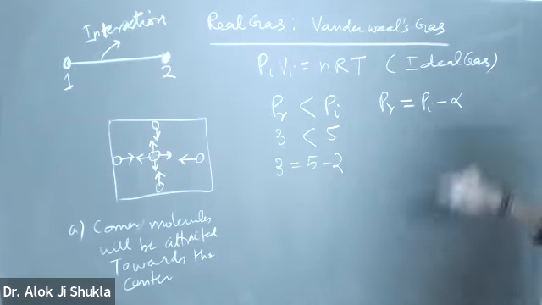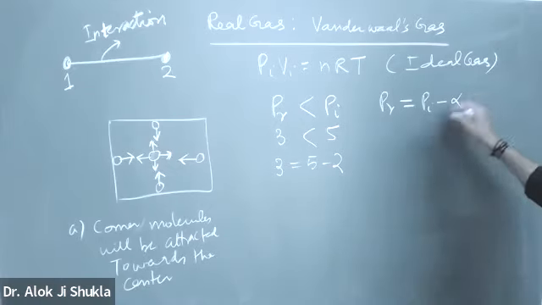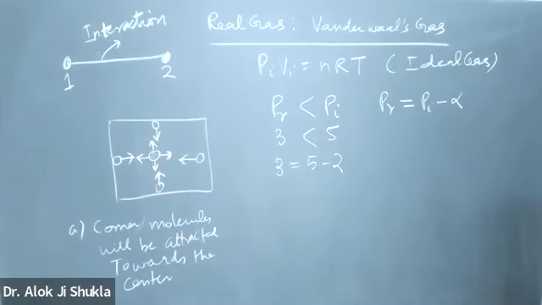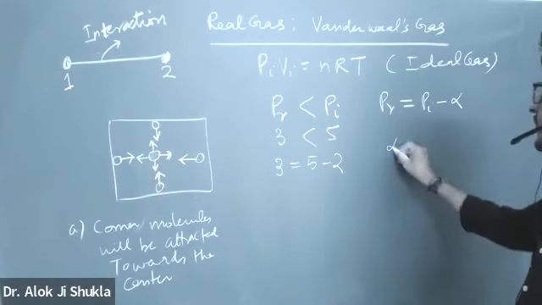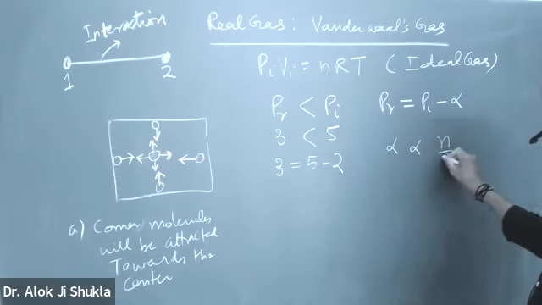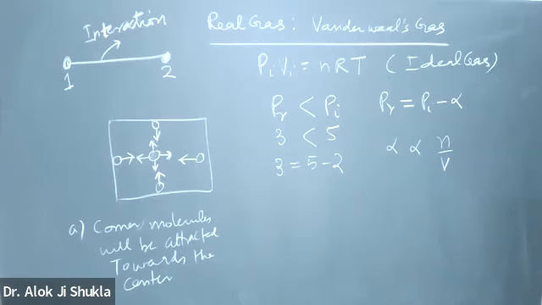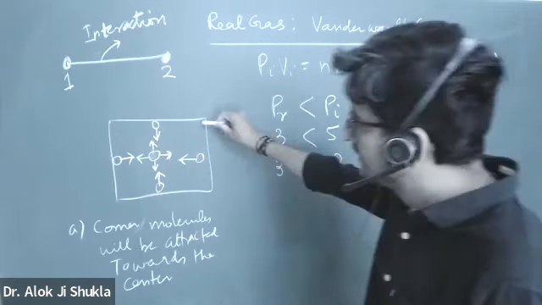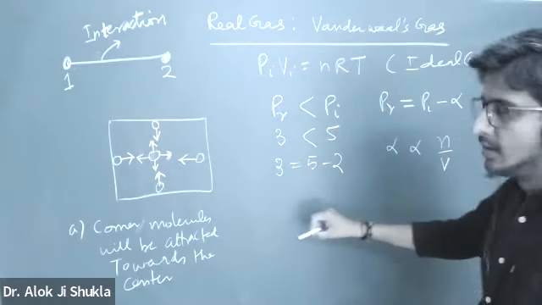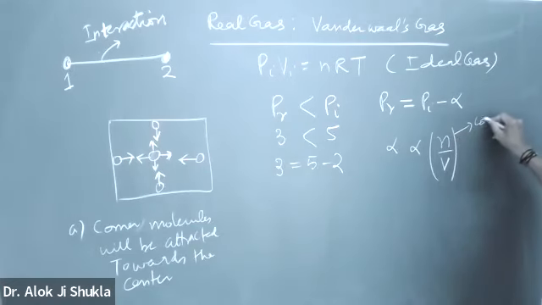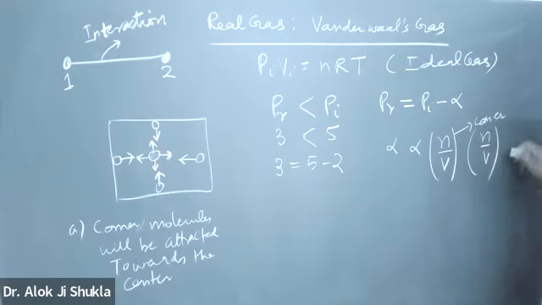Look at this, can you understand it by looking at the numbers? Now this alpha is associated with the attraction towards the center, due to which the pressure is reducing. So alpha is proportional to the number density, I mean the number of moles per unit volume, because the more moles per unit volume, the more molecules at the corner. And one more time N by V, because more attraction towards the center.